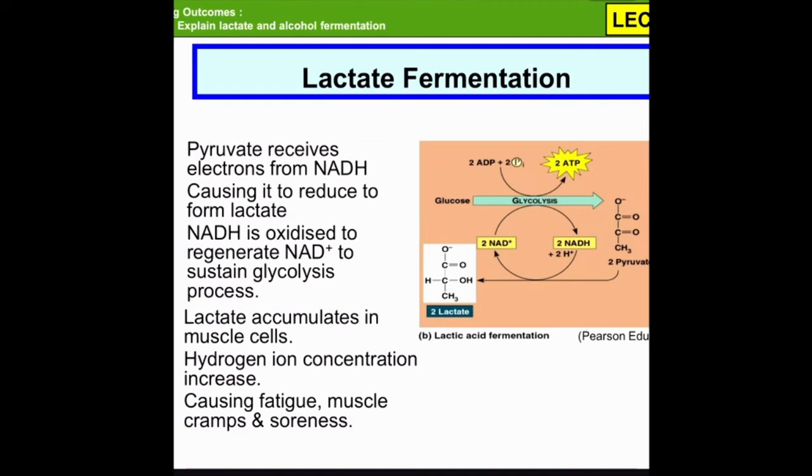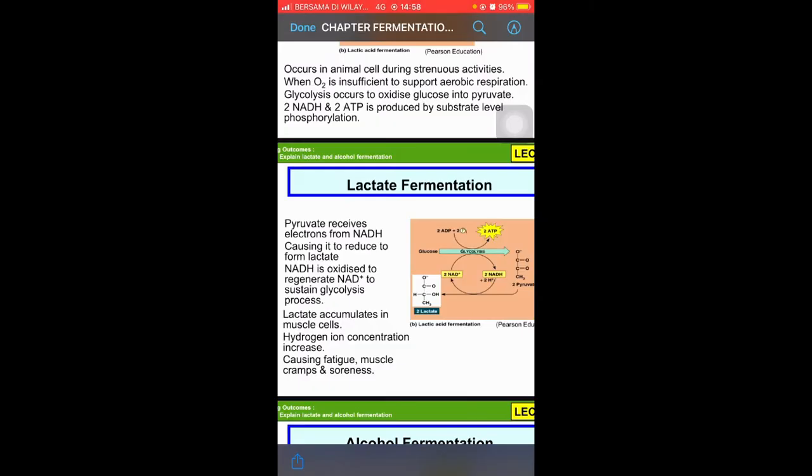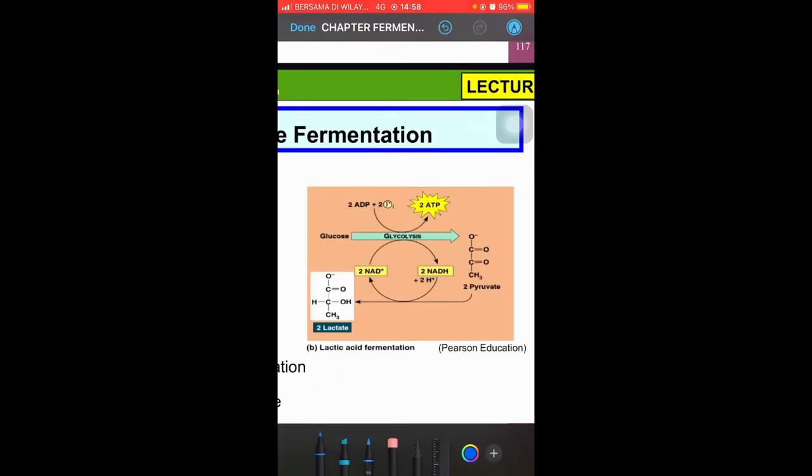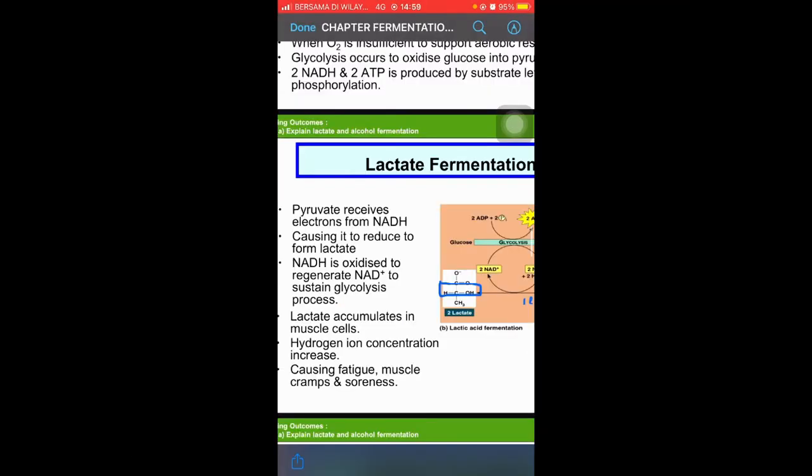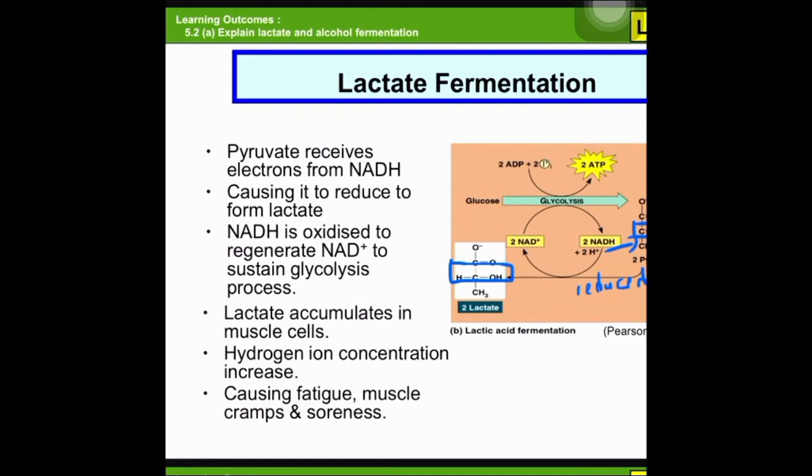Okay, NADH is oxidized to regenerate NAD plus to sustain glycolysis. How dia boleh jadi lactate? Sebab dengan adanya NADH dengan 2H plus ni, so dia akan di-reduce untuk menjadi lactate.